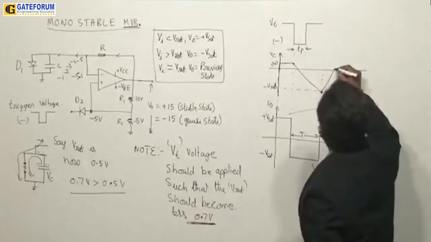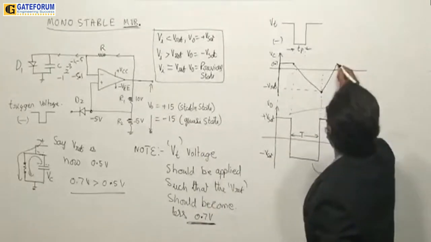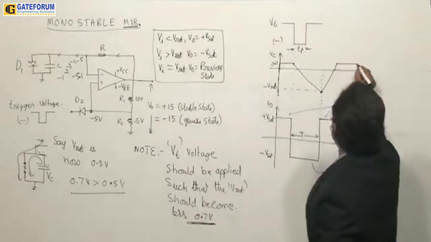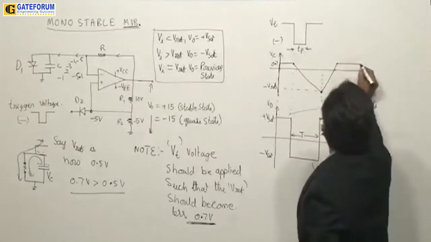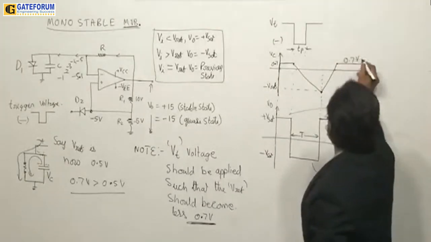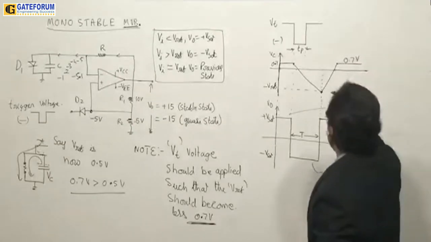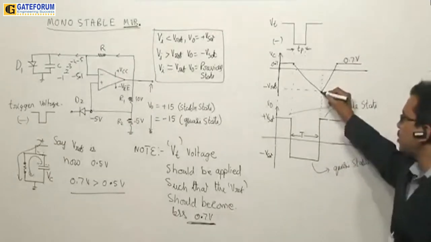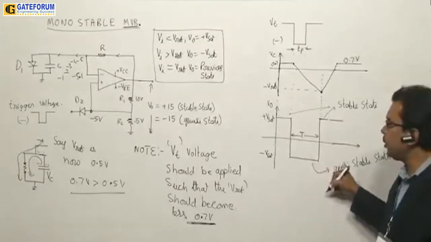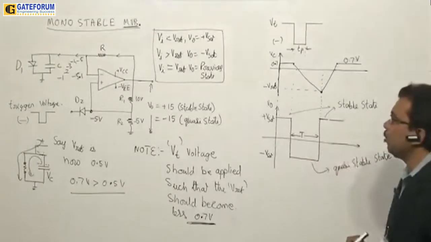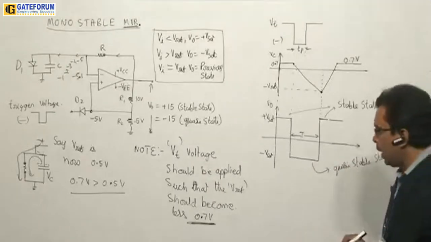When it discharges, because the diode offers very low resistance, quick discharging takes place, and once again the capacitor will charge up to 0.7 and remain at this point only. It cannot go more than this. So it is the capacitor voltage which will change the state of the circuit. This is the operation of the monostable multivibrator circuit we have.